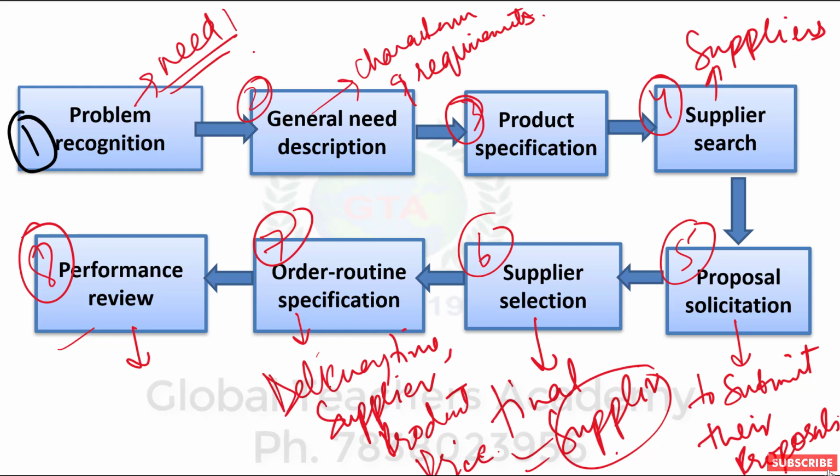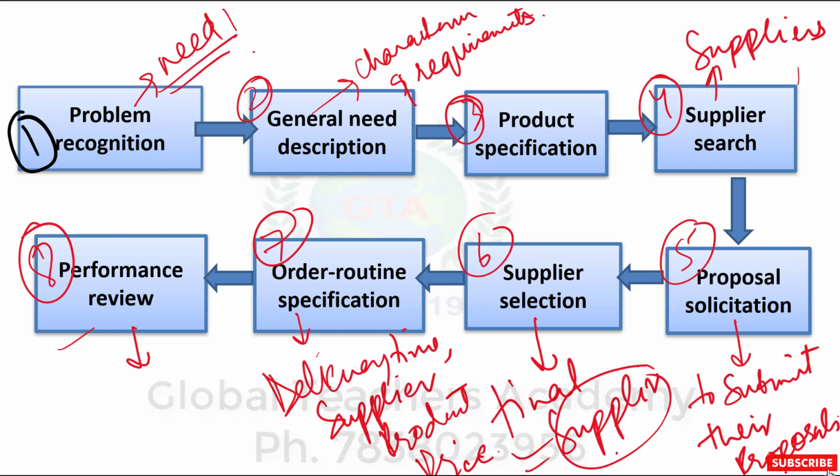Then the third one is product specification, which is specified by the technical person. Then supplier search, where a list of suppliers is provided to the organization, and the best one who can match the product requirement is selected.